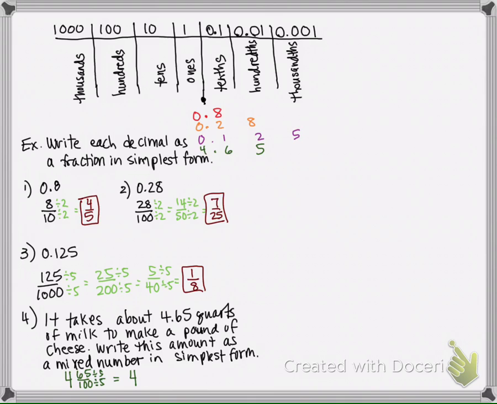I still have the 4. 5 goes into 6 once with 1 left over. 5 goes into 15 3 times. 5 goes into 10 twice evenly, and there's a leftover 0. So my answer is 4 and 13 twentieths quarts of milk.